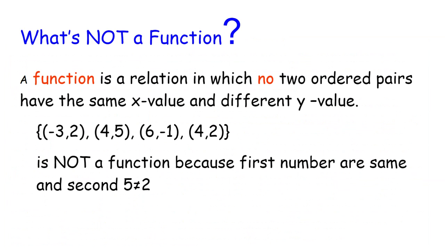What's not a function? A function is a relation in which no two ordered pairs have the same x value and different y values. So the relation consisting of the set of ordered pairs (-3, 2), (4, 5), (6, -1), (4, 2) is not a function, because the first numbers are the same and the second numbers, 5 and 2, are different.